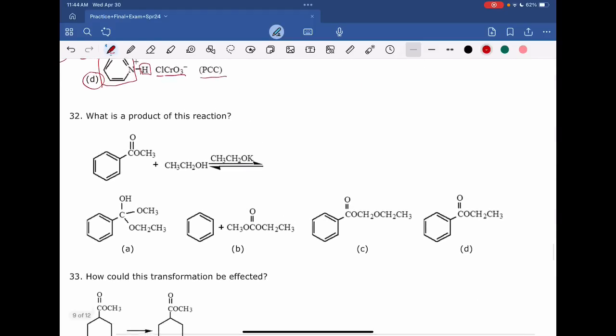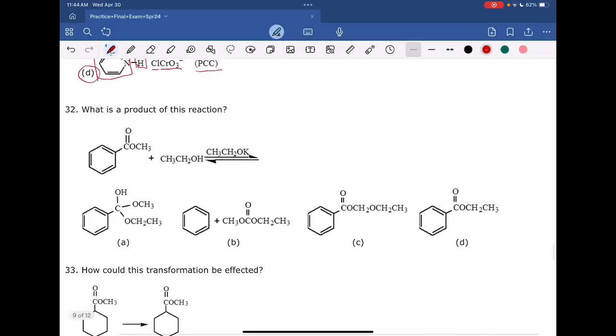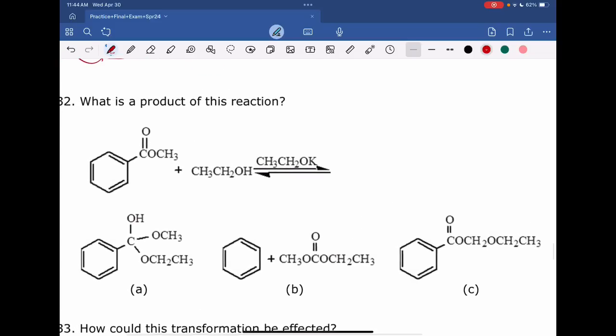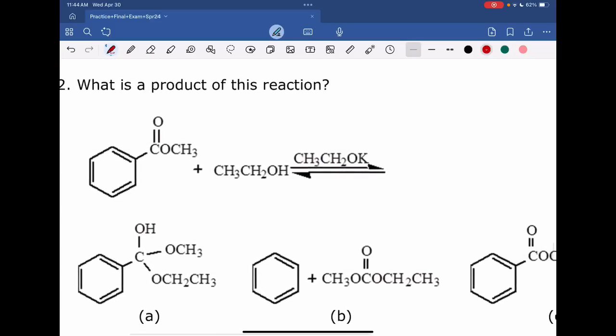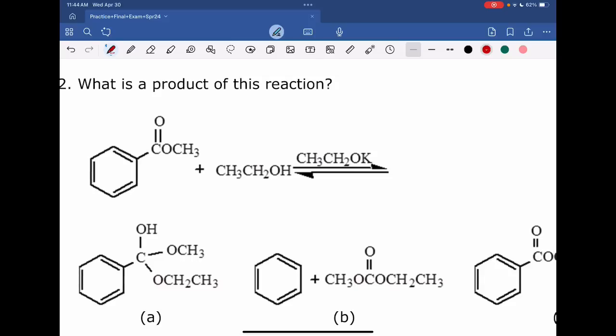What's the product of this reaction? Okay, this may seem very intimidating, but there's really only one thing that could happen here. You have a strong base and you have this molecule. Where can the base go?